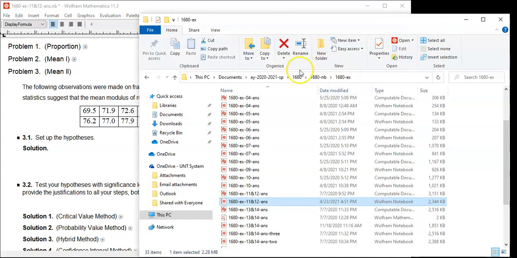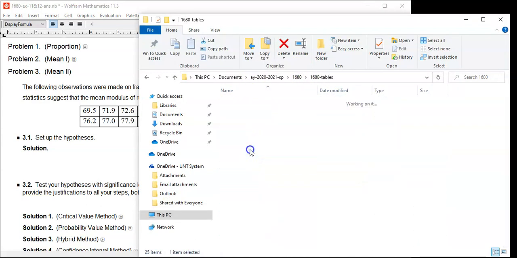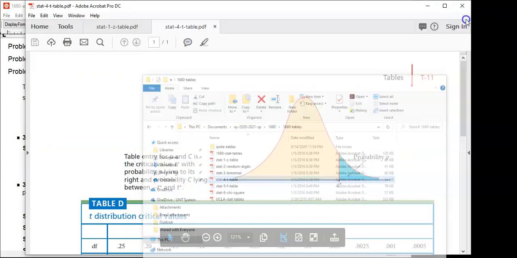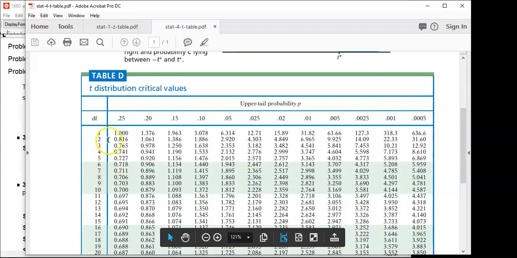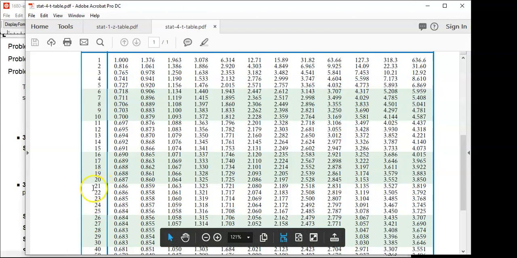Let's go to the t-table, by the way. Okay, t-table. Here we go. And we have degree of freedom here. In this particular case, we are focusing upon 21. So everything is associated with degree of freedom of 21.